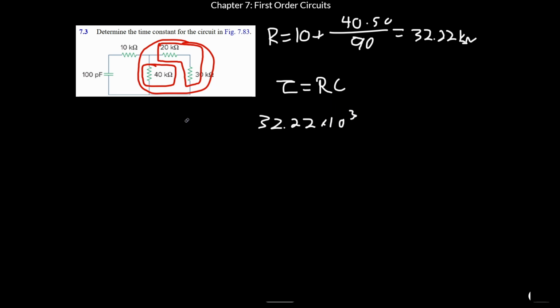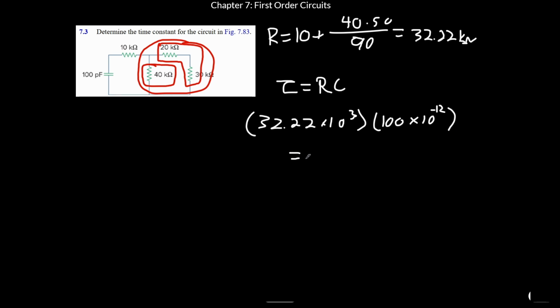That'd be a very tiny constant, so very large time constant rather. And then we're going to have 100 times 10 to the negative 12 for our picofarad capacitor.